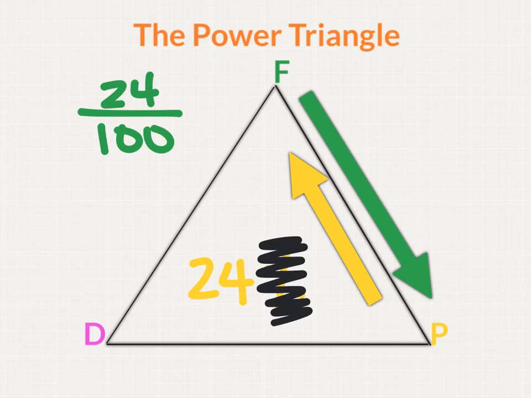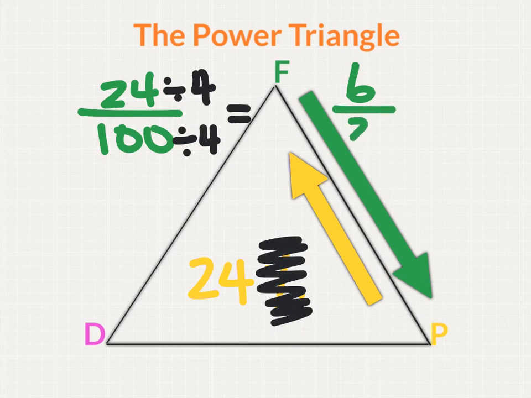If I recognize 24 over 100 should be simplified, I can divide my numerator and my denominator by its greatest common factor, which is 4, giving me a reduced or simplified fraction of 6 over 25, telling me that the percent, 24%, is equivalent to the fraction 6 over 25.